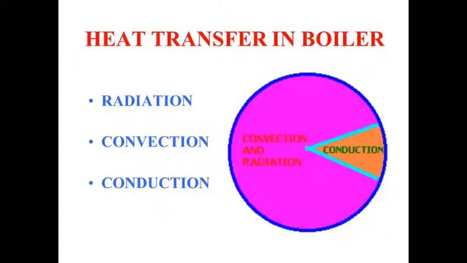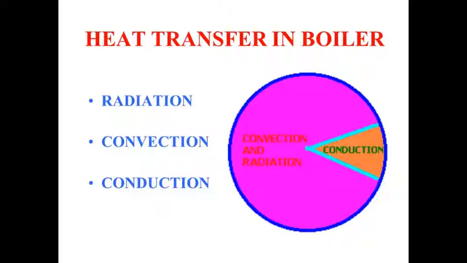Within the boiler furnace, if we see the different types of heat transfer, there are three modes: radiation, convection and conduction. But the amount of heat transfer taking place due to conduction is very minimal, around 20 to 22%, and the remaining 78-80% of the heat is transferred either by radiation or convection.